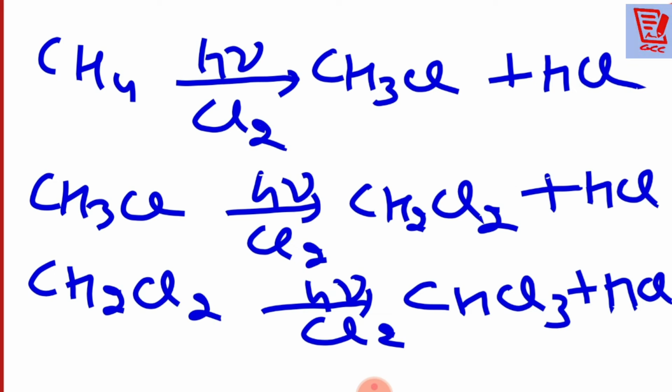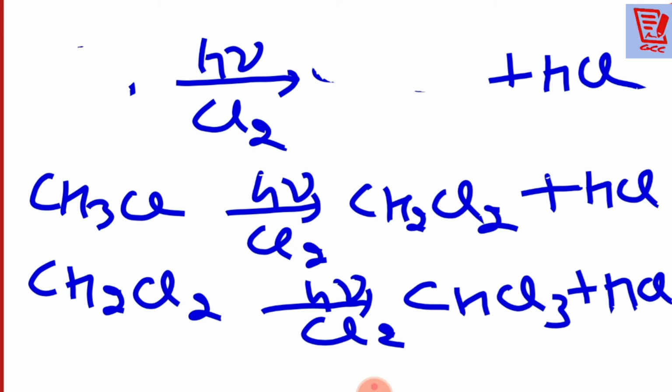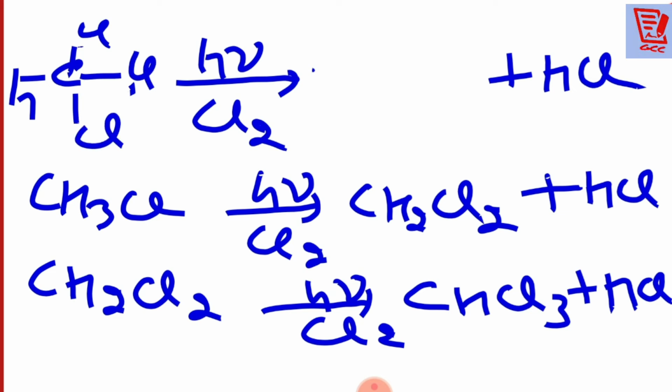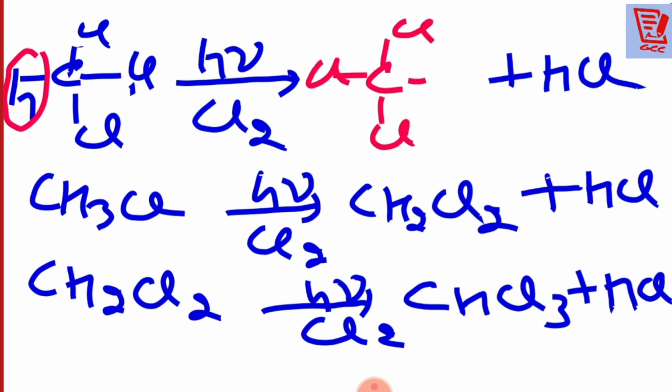You must see the last one we are having, CHCl3. Now what is going to happen? This hydrogen will be replaced with Cl, and at the end you will get CCl4. Now isomers are not there.